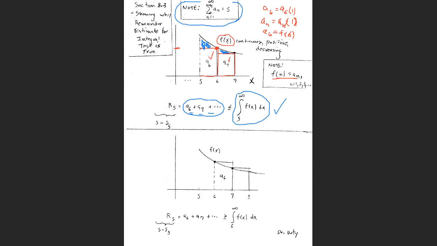So we can say then that the remainder sub 5 is the difference between the sum of the series and the first 5 terms of the series.